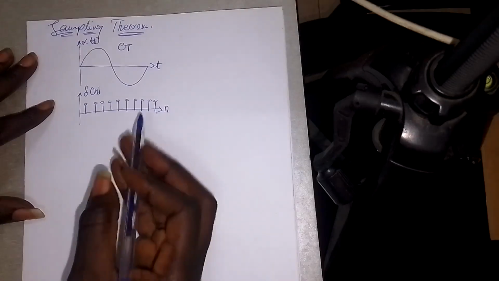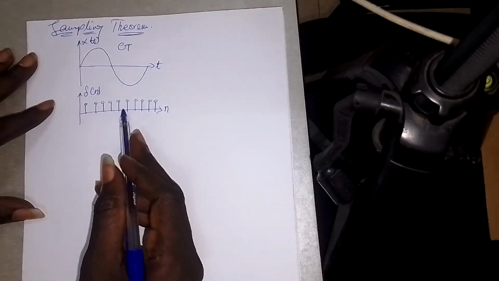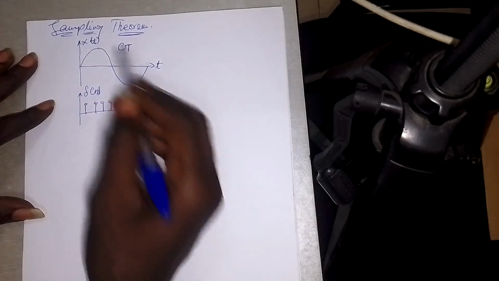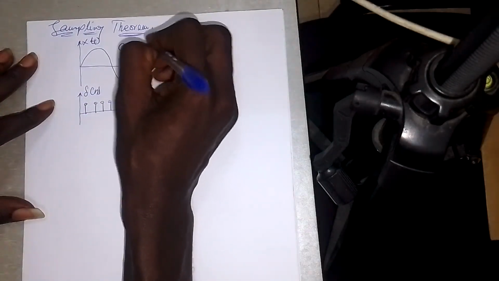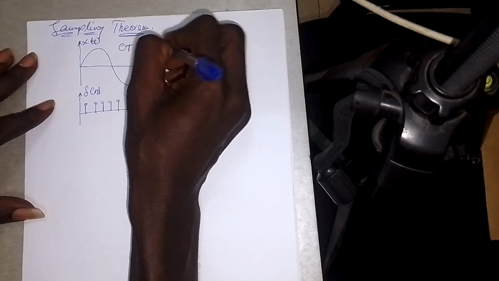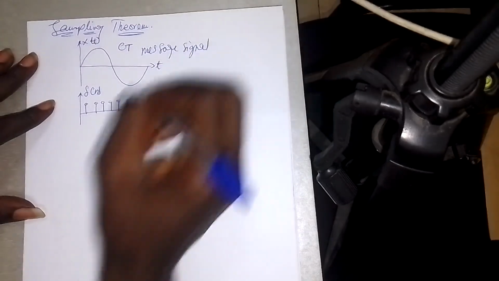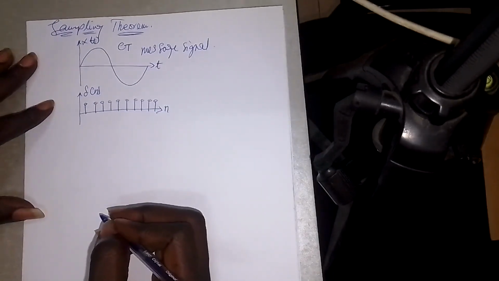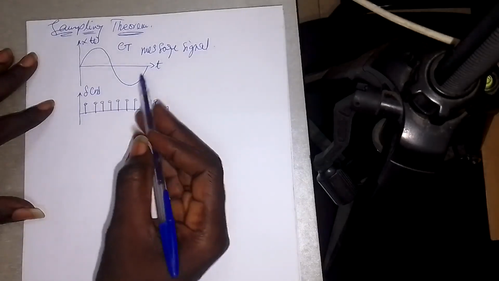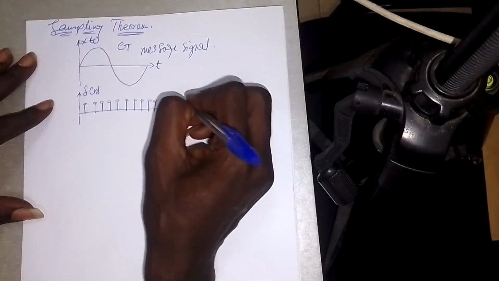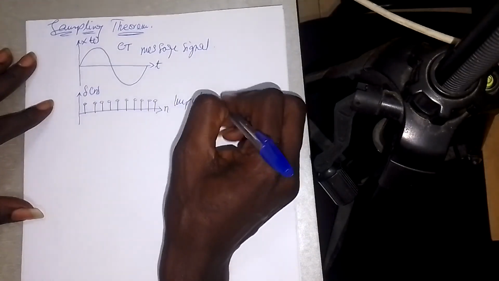So when we take an impulse train signal like this, we multiply the CT signal with it. This CT signal is called the message signal. Then we multiply the message signal with the impulse train signal.